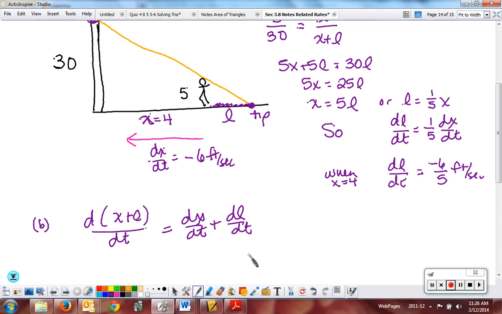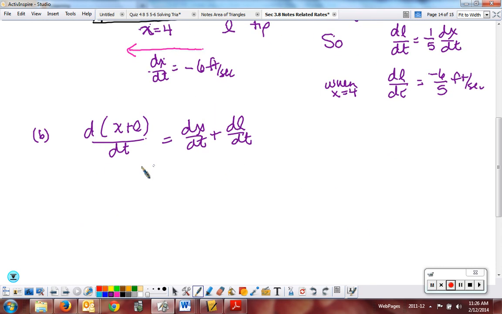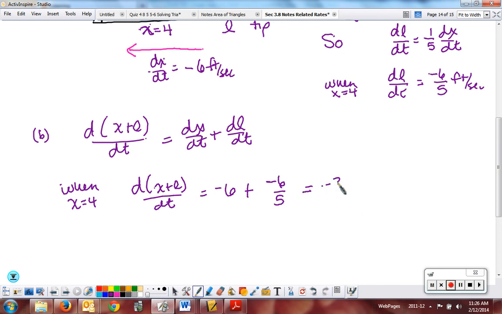Did I find dx dt when x equals 4, or any time really, what is dx dt? Negative 6 plus, what's dl dt? Negative 6 over 5, which is going to give me, do some arithmetic, negative 36 over 5.